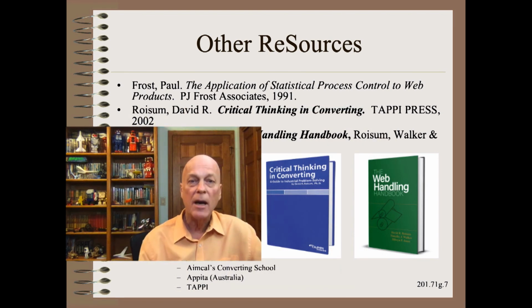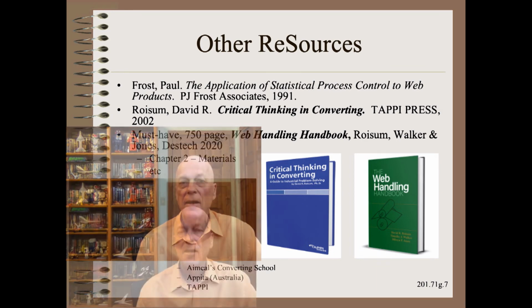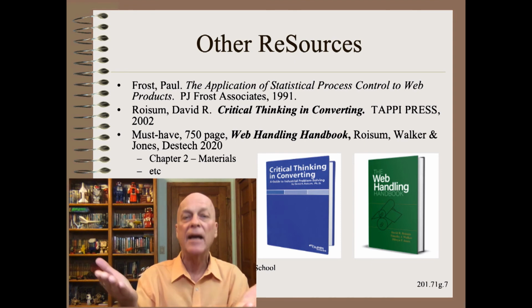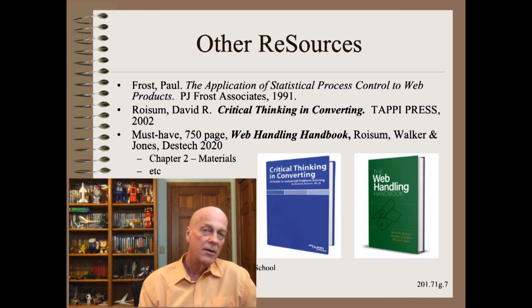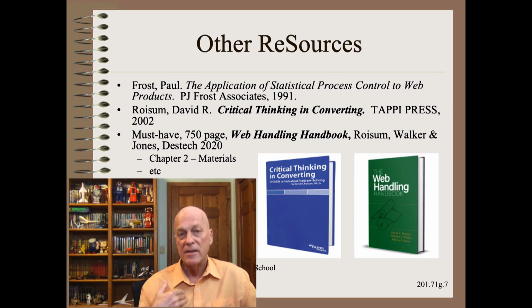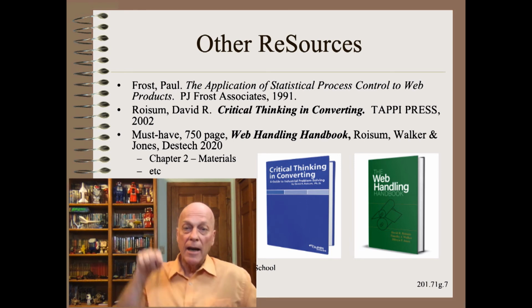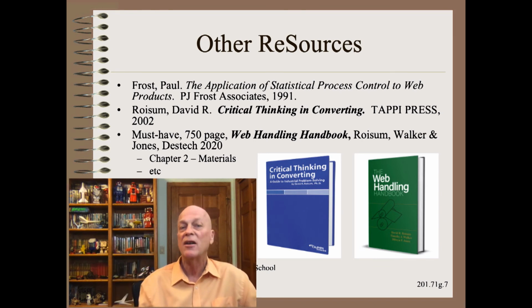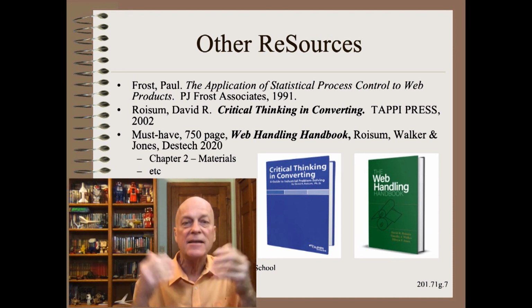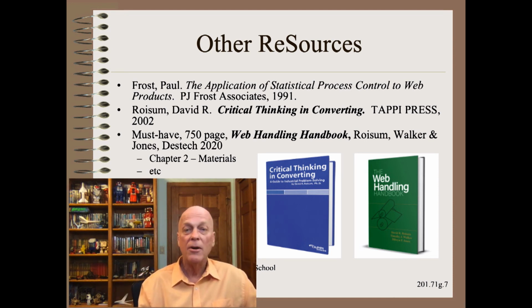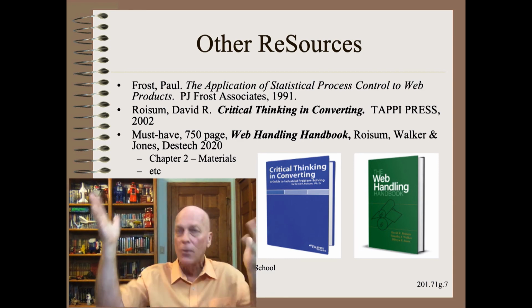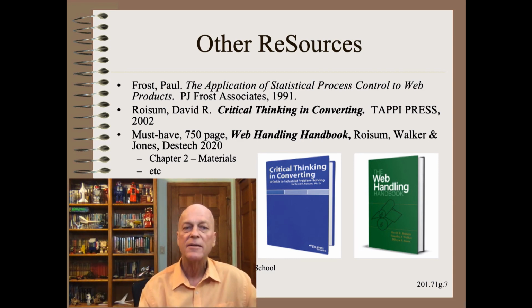The second is my industrial problem-solving book that is a good companion to my industrial problem-solving course of the same name. The third is the must-have 750-page Web Handling Handbook, written by myself, Tim Walker, and Dylan Jones. This is where we would look for the targeted and objective measurements for most web and roll defects that are science-based, that can help you avoid going on unnecessary and fruitless fishing expeditions.